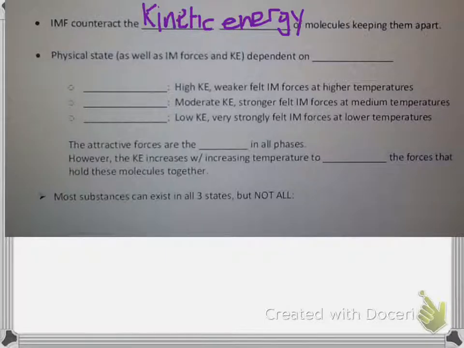So what we saw in those diagrams then were that the intermolecular forces that are felt between the particles in the various states counteract, or are opposite from, the kinetic energies of the molecules keeping them apart. What this means is the higher the kinetic energy of the particle, the less the forces of attraction between the particles are felt between one another.